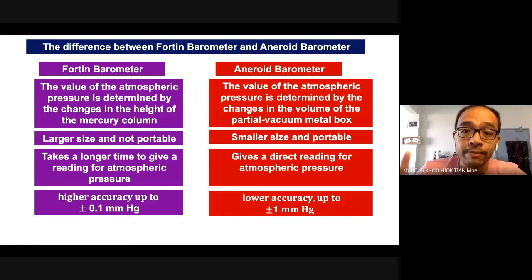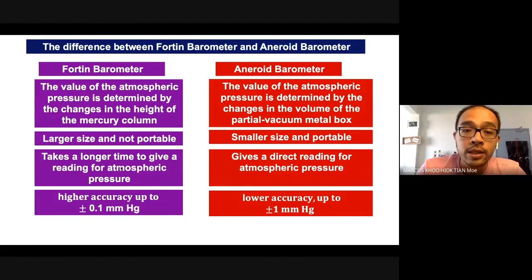It greatly depends on what you want. If you want something more accurate, we will use the Fortin barometer. But if you just want an estimate and don't want the hassle of carrying it here and there, then you use an aneroid barometer.